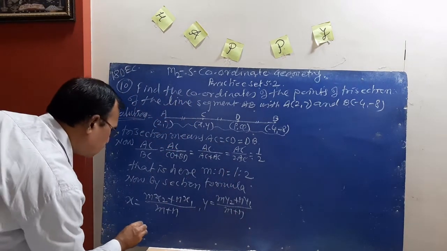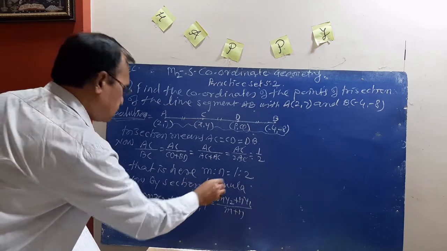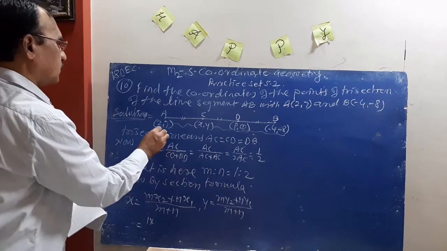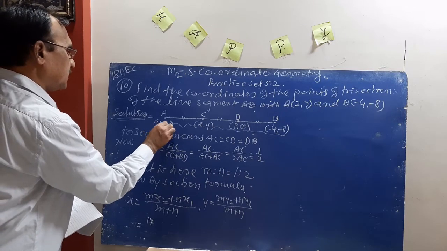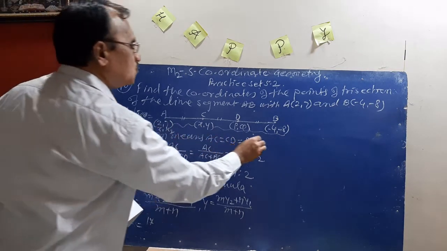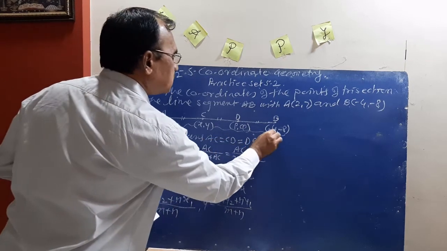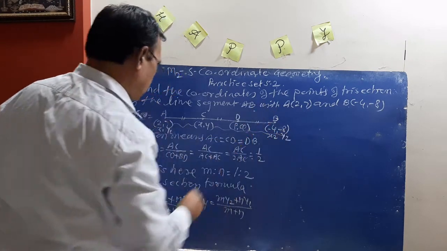Now here m is 1, this is x1, this is y1, this is x2, and this is y2.